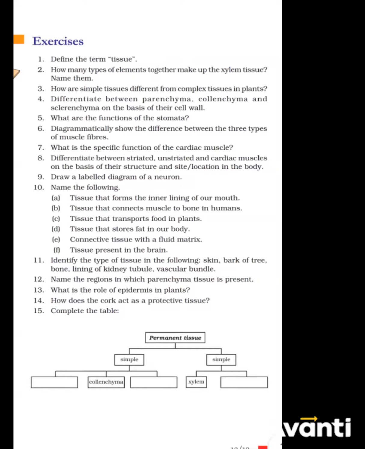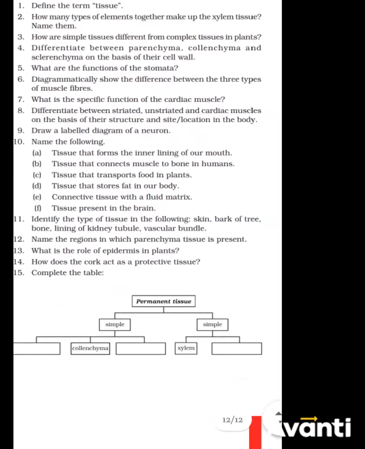Yes. So there are a lot of questions from the plant tissues. There are a lot of questions from the animal tissues too. Okay. So you will be learning them properly, and you have to remember the classification basis. Like as I mentioned, based on the cell wall, permanent tissues are divided into simple and complex.